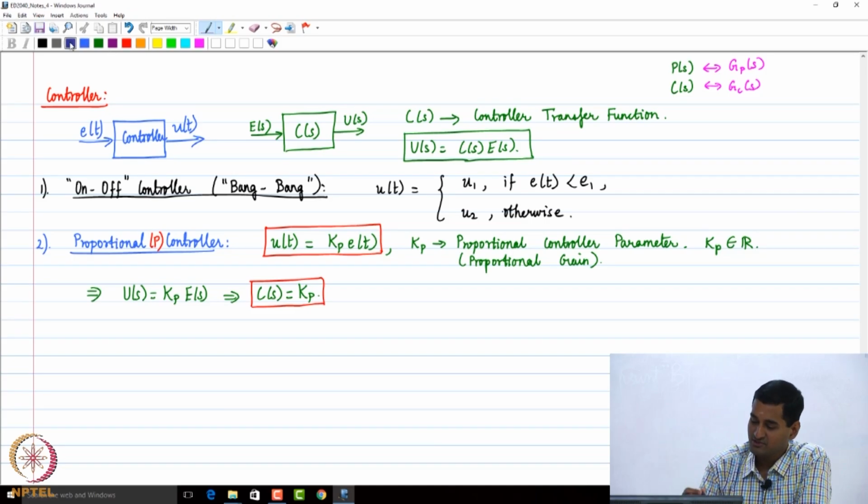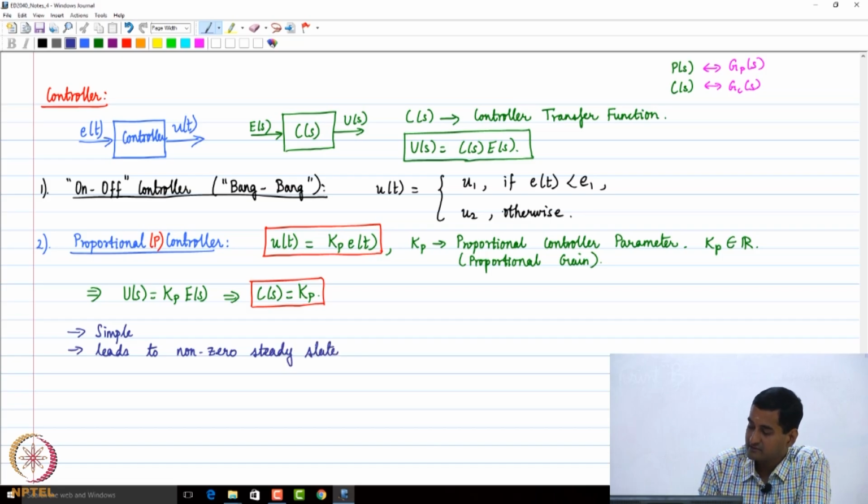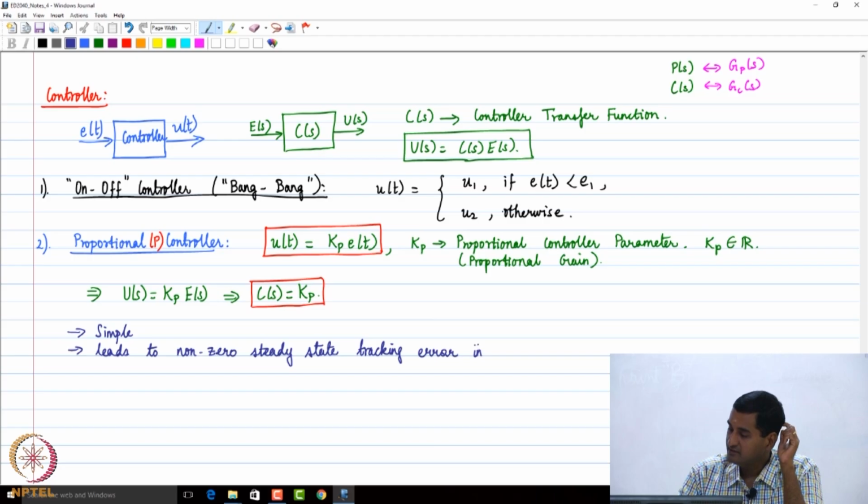To summarize whatever I just told, the first point is that it's very simple in structure, but the con is it may lead to non-zero steady state tracking error in certain classes of systems.